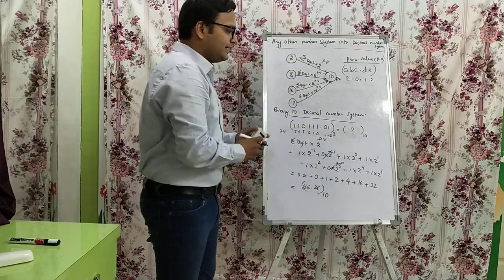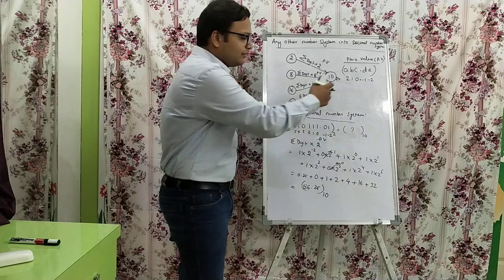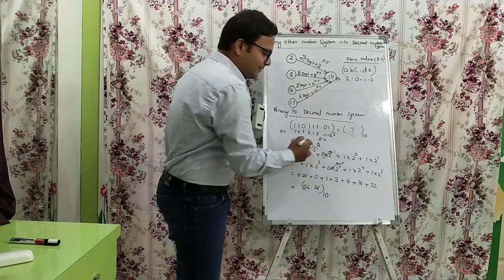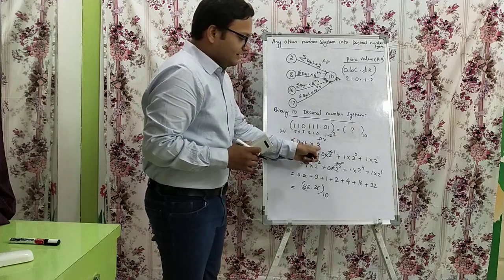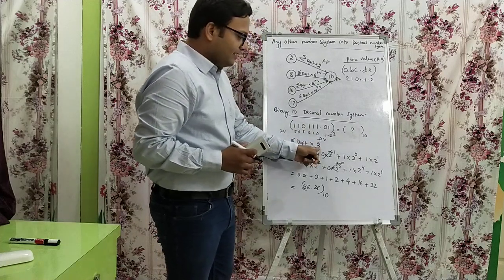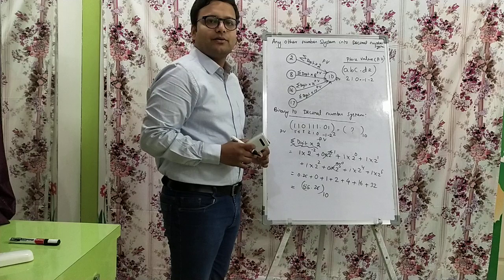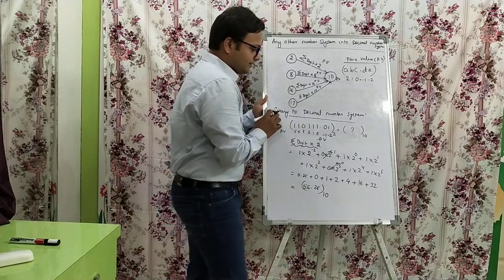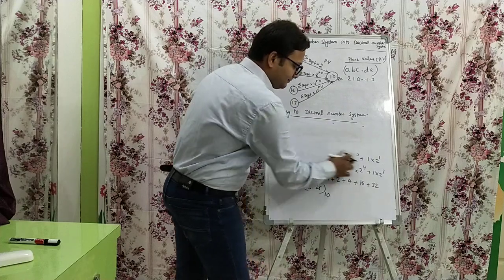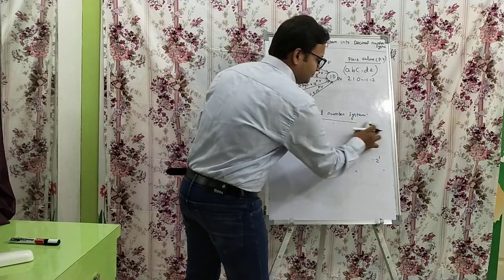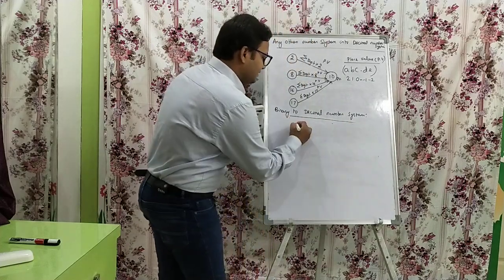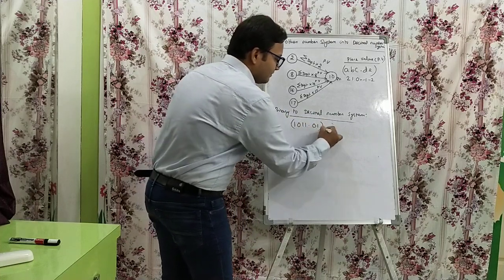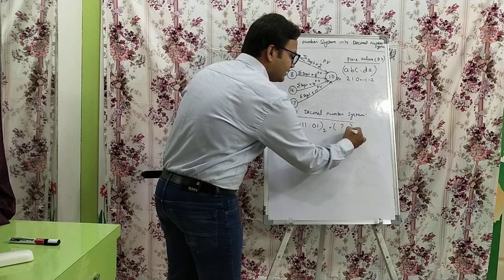You can convert any number into the decimal number by using this formula: digit multiplied with the base of the given number to the power place value of the given number. Now we can see some more examples. Let's say one more example, 1011.01 into the decimal number.